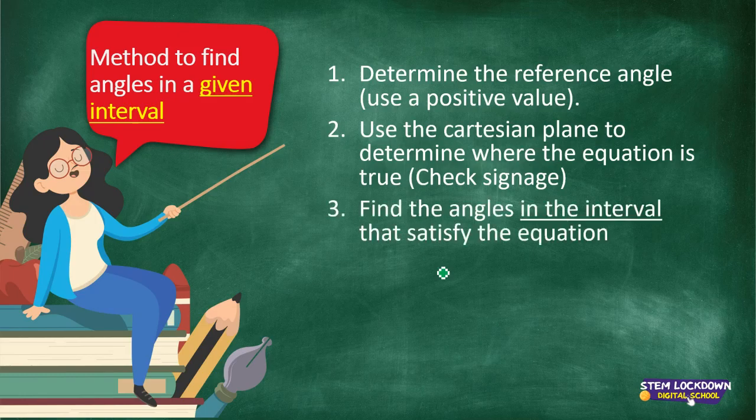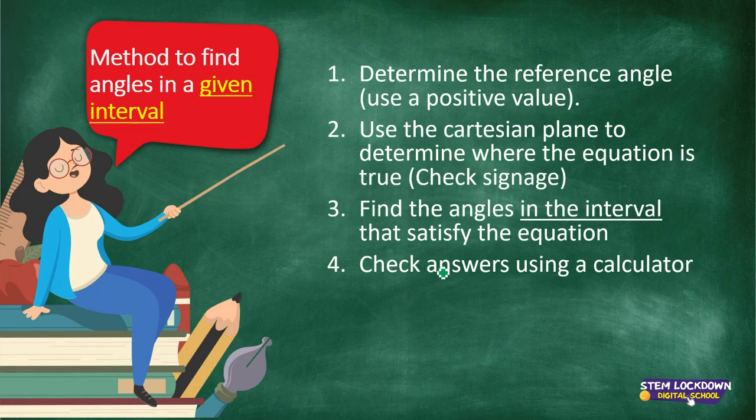Step number 3, you will find the angles in the interval that satisfy the equation. That is what we've done when we said in the third quadrant such and such, and in the first quadrant such and such. And always, always, guys, check your answer back using the calculator. When you have an interval given to you, you basically have specific numbers. Take the time in your exam. You don't have to check all the numbers.